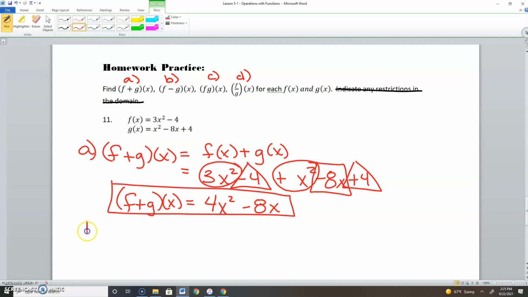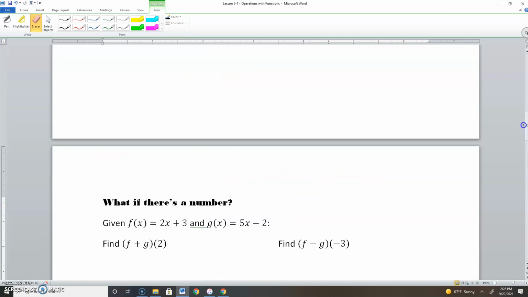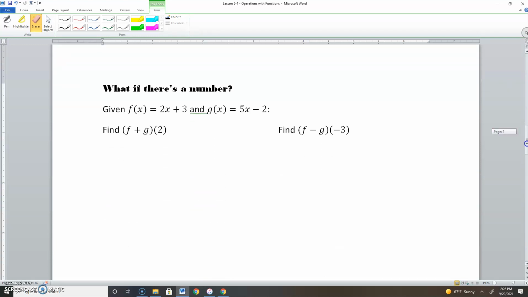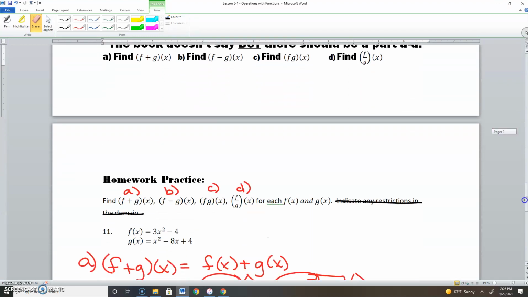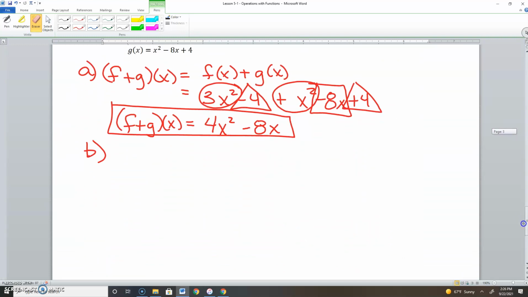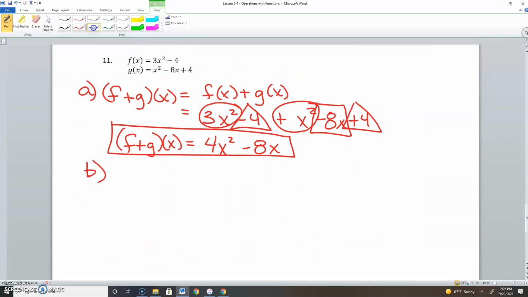Okay? For part B, we're going to do f minus g, I'm going to change colors here just so we can see this a little bit easier. Okay, so next we have f minus g of x.